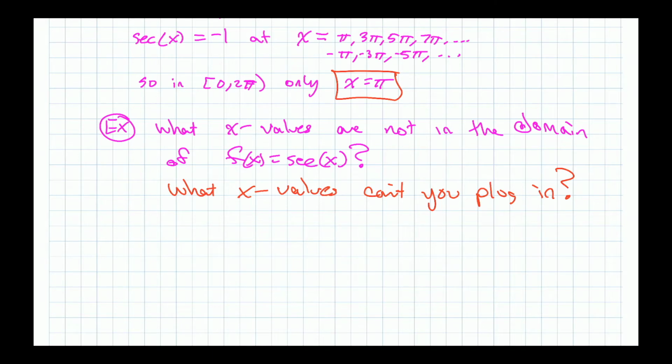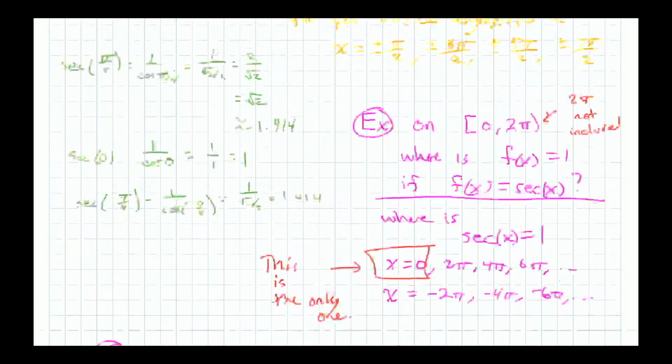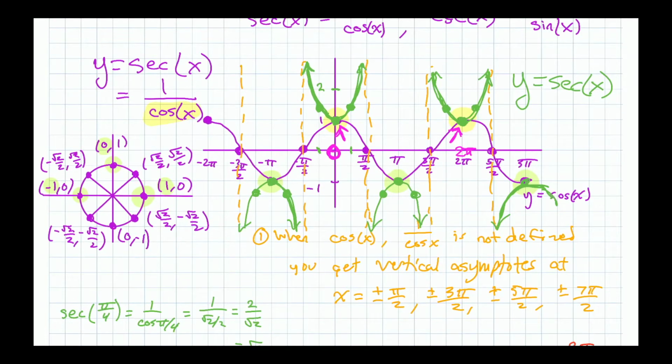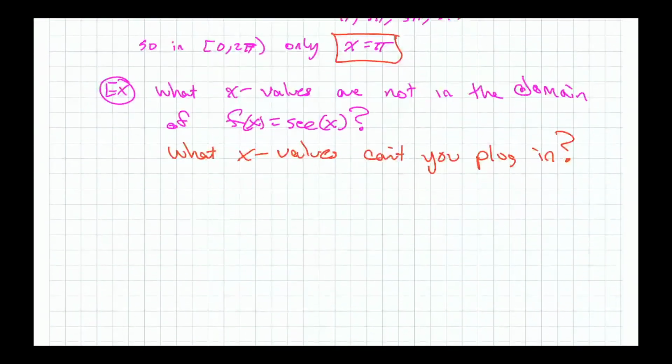And you have to know that those are where the asymptotes are. Those are the ones where the function doesn't exist. So where are the asymptotes? We already said where the asymptotes are, but they're asking it in a different way. Like there is no secant of pi over 2. It does not exist.